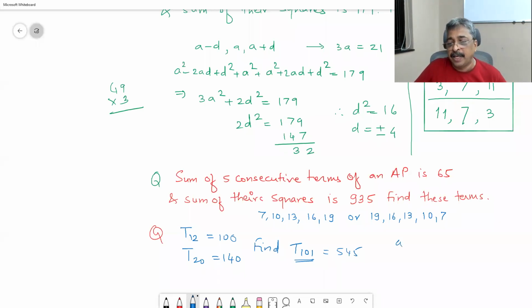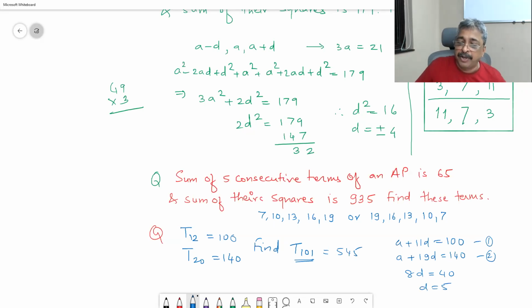12th term is 100. That means A plus 11D is equal to 100. 20th term is 140. Therefore, A plus 19D is equal to 140. Subtracting 1 from 2, we get 8D is equal to 40. Therefore, D is equal to 5.